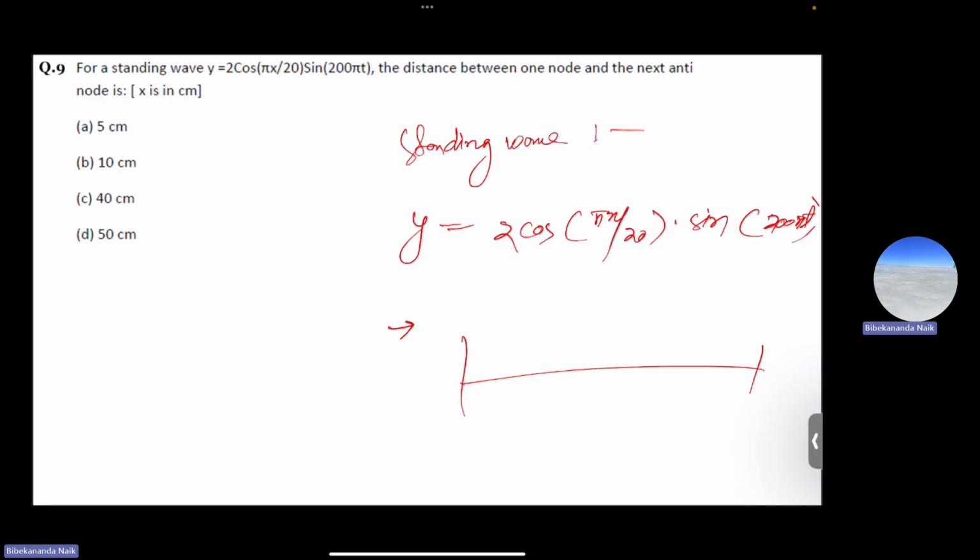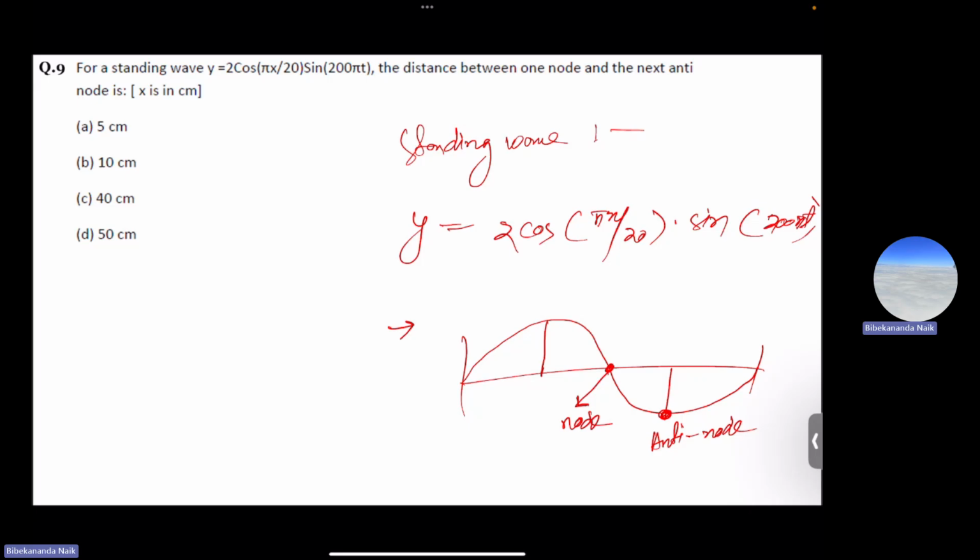Suppose this is a, so this is antinode, this is node, and we need to find the distance between the two.